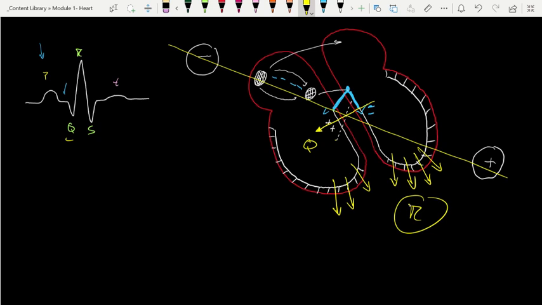My maximum positive deflection as the apex of the heart begins to fire, and as that transmits from the inside to the outside through those Purkinje fibers. And by inside, I mean endocardium to the outside, the epicardium, the pericardial space. That's the direction that the conduction takes along the Purkinje fibers.